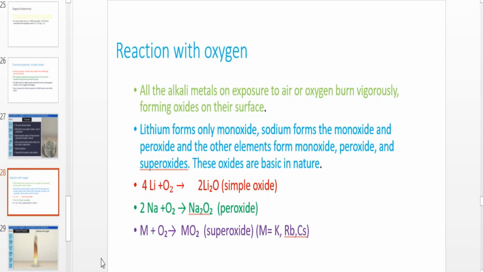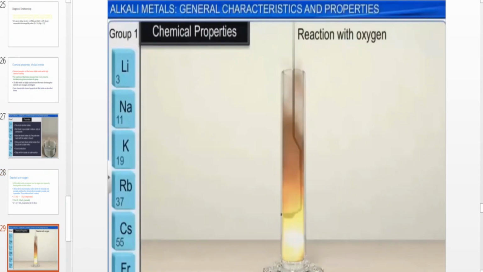Next, lithium forms how many oxides? Monoxide. Sodium forms monoxide and peroxide. But other elements of this family can form simple oxide, peroxide and superoxide. All these oxides are basic in nature.